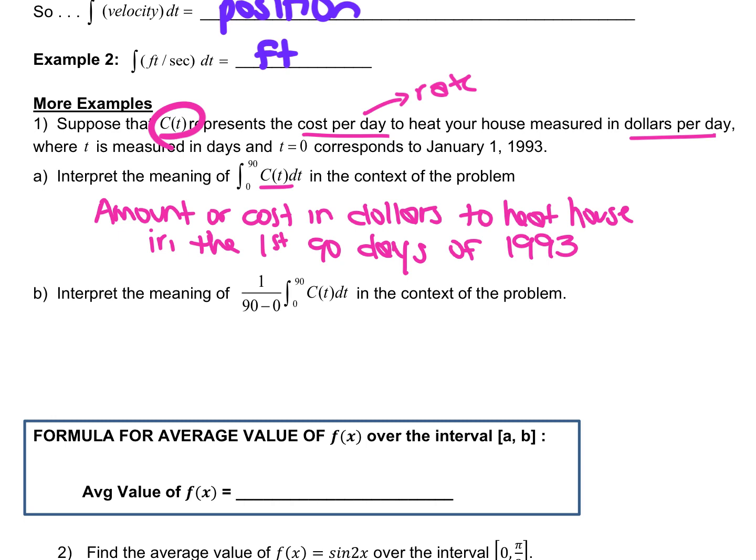So if you integrated, it would give you the total cost, because you're summing it up over the first 90 days.